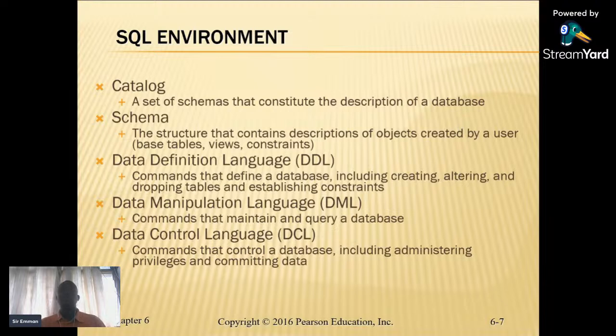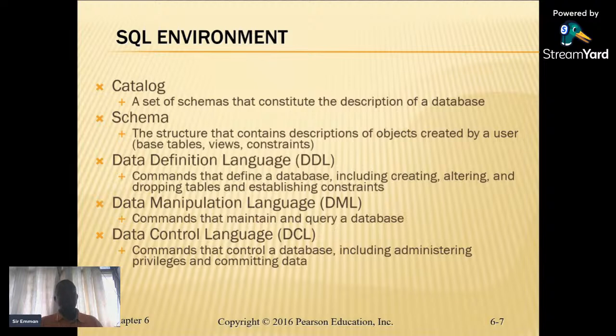These are rules that govern it. Then we have the data definition language, the DDL. These are the commands that define a database, and these include creating, altering, and dropping tables, establishing constraints, etc. And then we have the data manipulation language. These are commands that maintain and query a database.